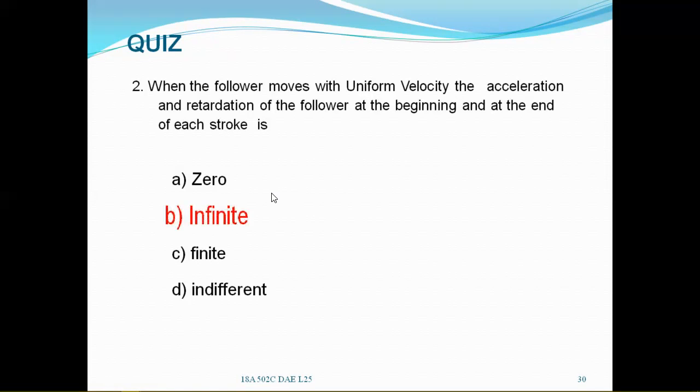Infinite. Here uniform velocity is not there. When the follower moves with uniform acceleration and retardation, the acceleration at the beginning and end of each stroke is infinite.